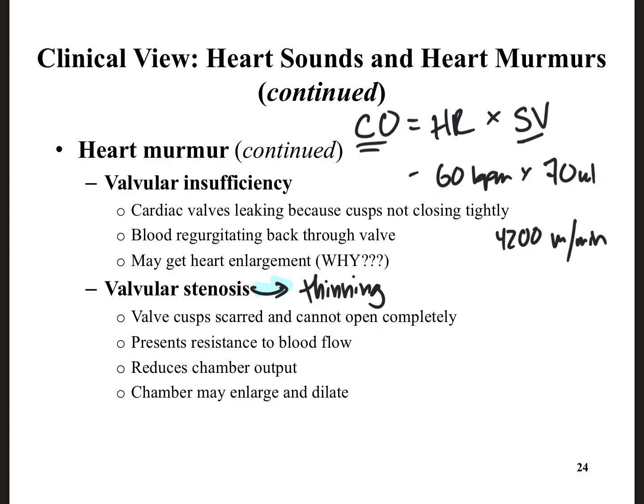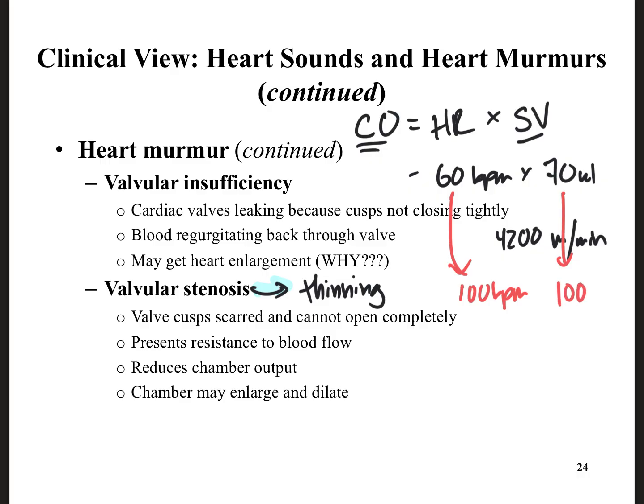Okay? If I increase metabolism through exercise, what happens? When you exercise, what happens to your heart? It beats faster. So guess what? During exercise, your heart rate goes up to 100 beats per minute. That's pretty good exercise. Well, what else happens? Does your heart beat harder? Yes? Guess what also happens? Your stroke volume goes up. Let's say it goes from 70 up to 100.